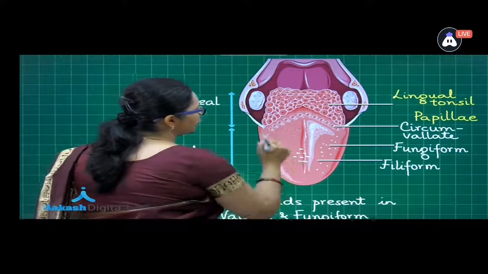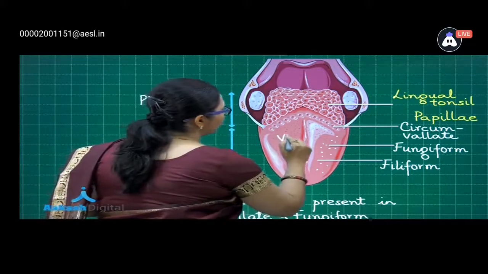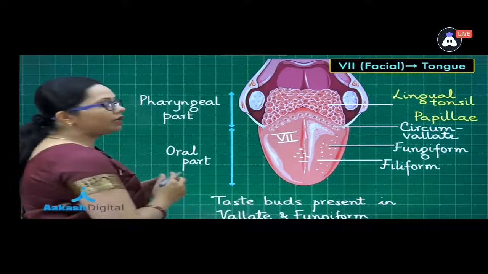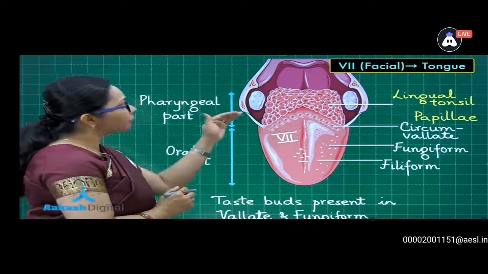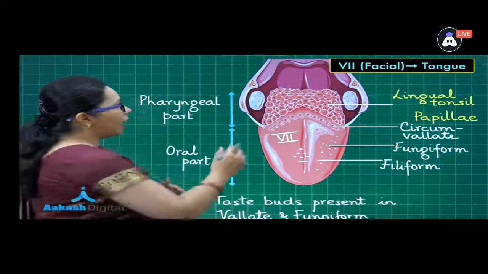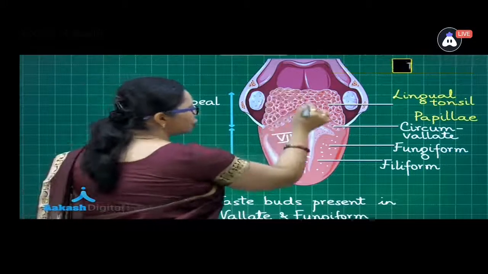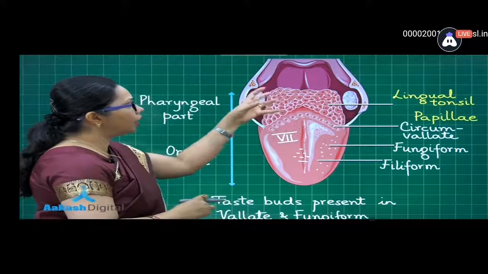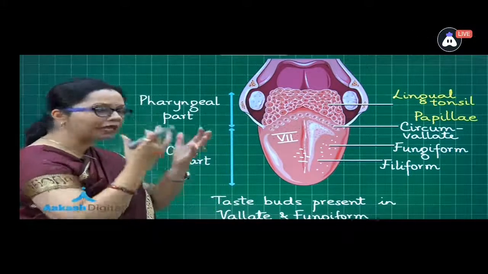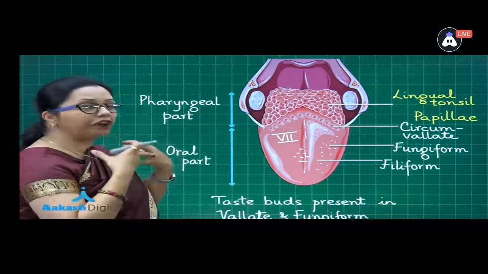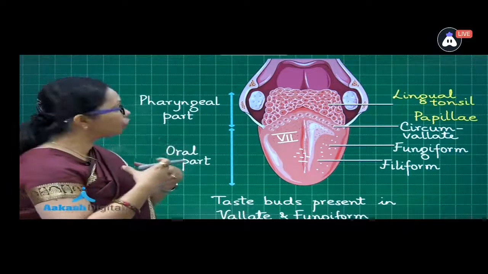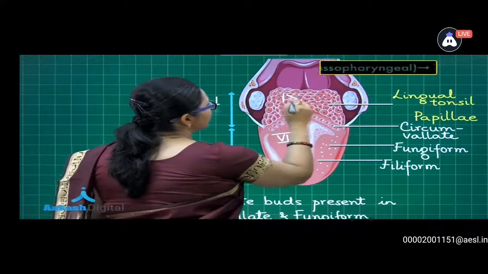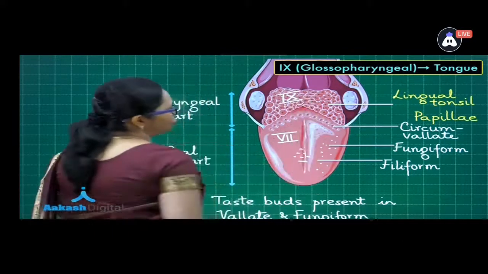Here on this tongue region we have the taste receptors, which are innervated by the 7th cranial nerve, and this 7th cranial nerve is named facial. And on this pharyngeal part, because the taste buds are spread out even on the palate, and some in the pharynx wall as well as on the wall of the epiglottis, here it is the 9th, that is glossopharyngeal.